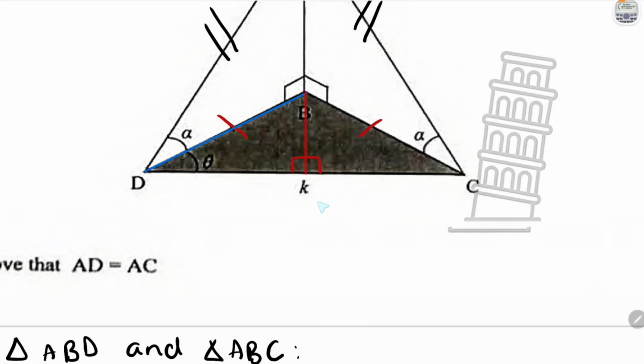However, if you cut it in half, remember this full length was K, so half of it would be half K, which you can call K over 2. A half K is K over 2 because the half is 1 over 2, and the K is really K over 1. If you multiply, 1 times K is K, 2 times 1 is 2. So that's why it's K over 2.